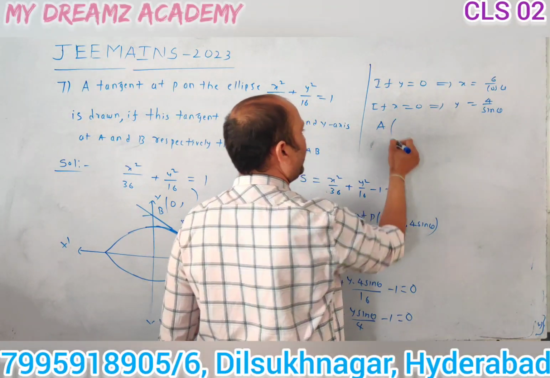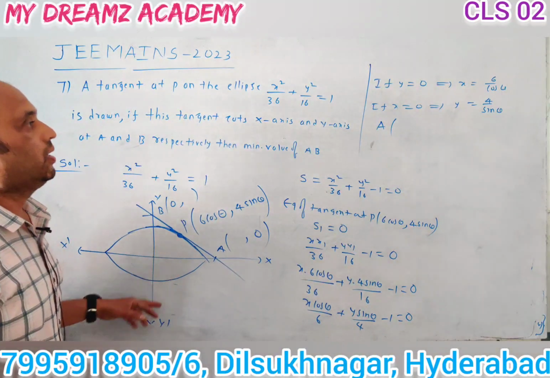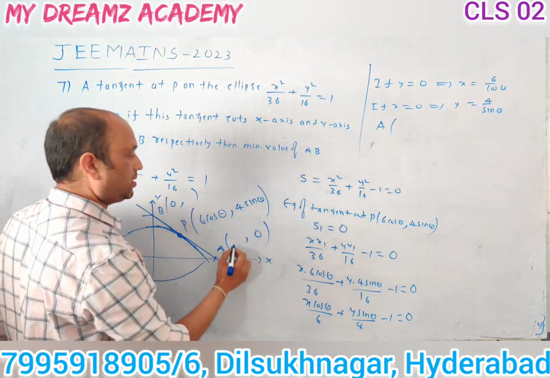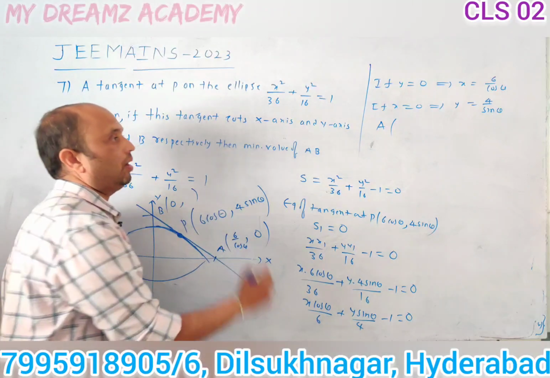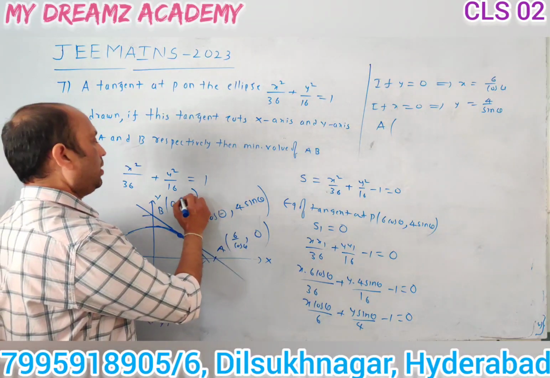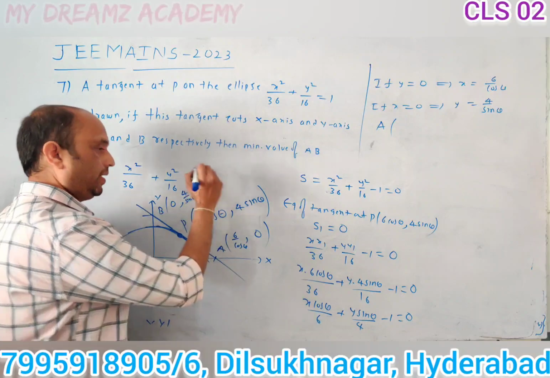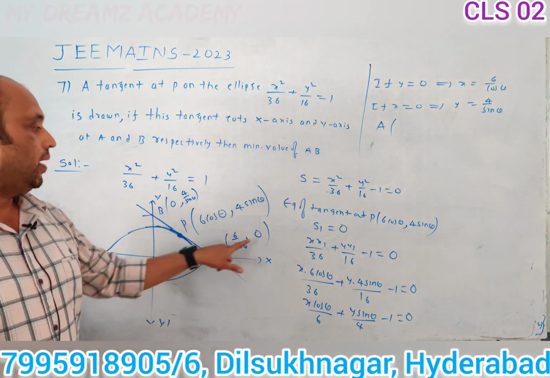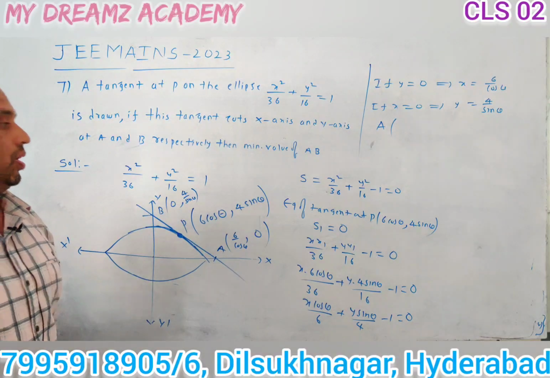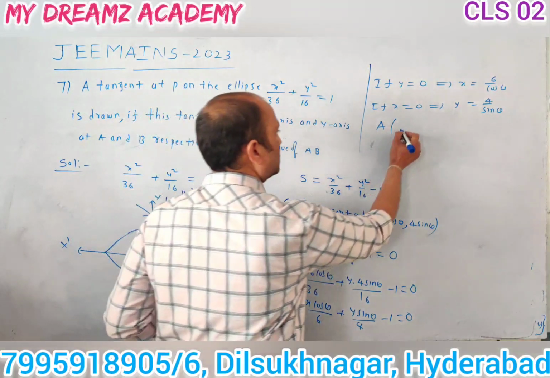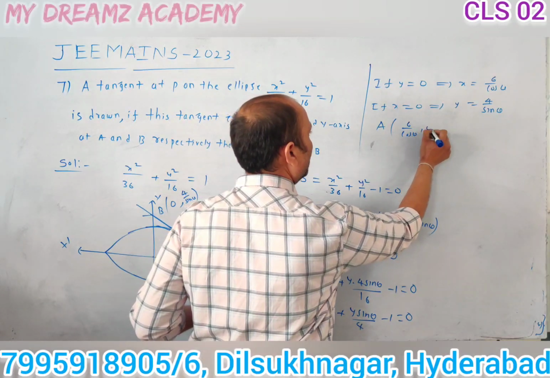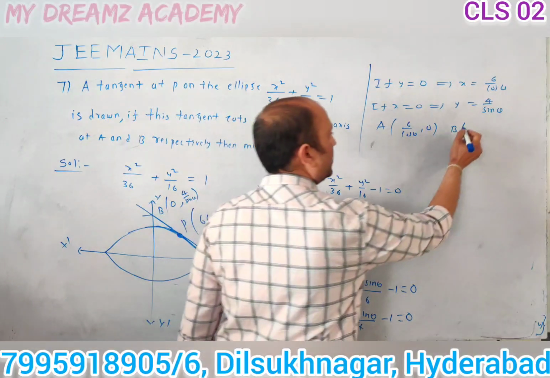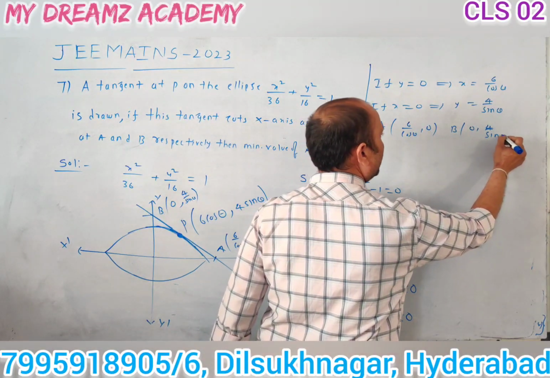Now the points are A, (6 by cos theta, 0), and B, (0, 4 by sine theta).